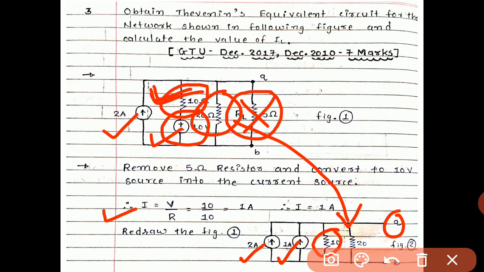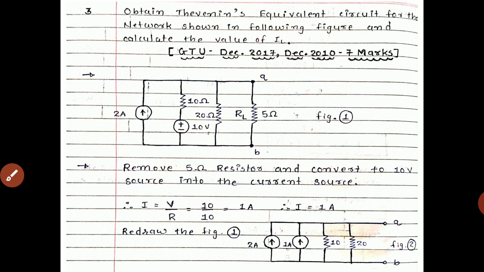So now we make this circuit like this. We get two current sources, 2 ampere and 1 ampere, and two resistances in parallel, that is 10 ohm and 20 ohm.